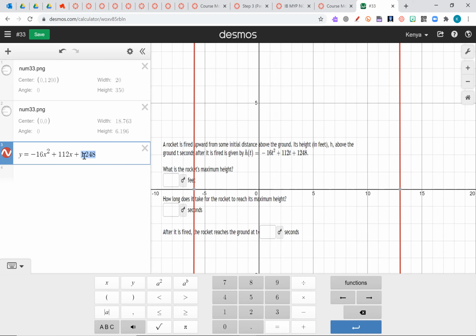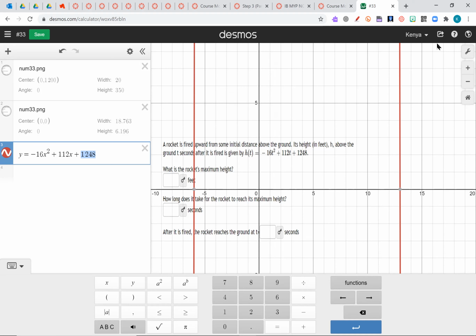This is where the x coordinate is equal to 0. Okay, so this is the initial height, right? That's the y-intercept. So if you look at my graph, I'm at 5. My y-intercept is 1,248. I am so far away from 1,248.